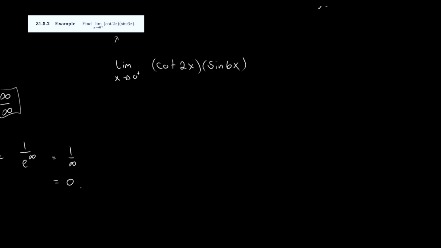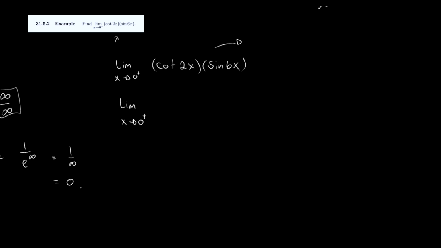Okay, very interesting example. I remember just taking it. Let's see, what can we do? We can rewrite this as the limit as x approaches 0 from the right. Cotangent, we can do two things.